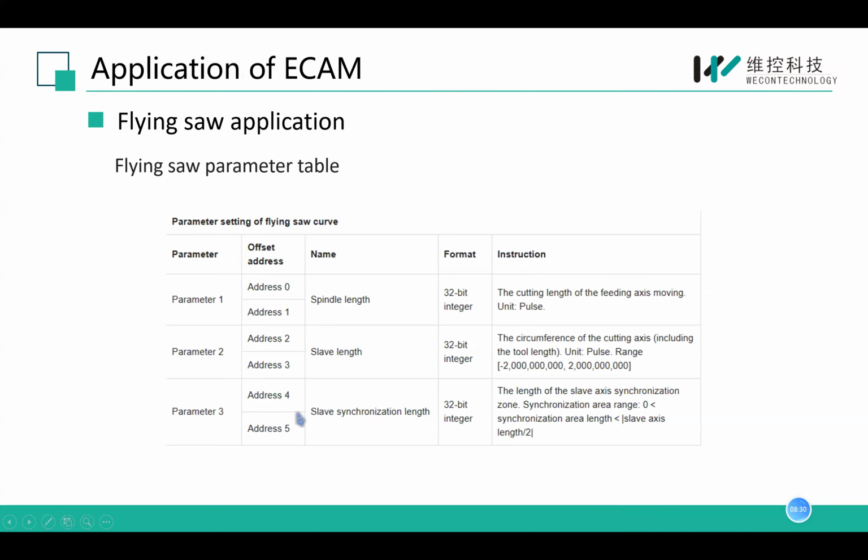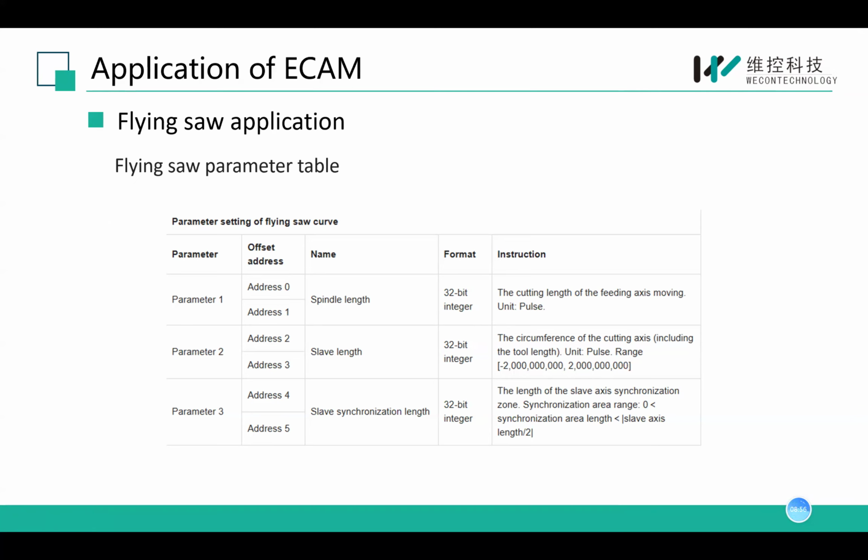And then the fifth, sixth and seventh addresses we set as the length of the sync zone, which we suggest setting to 1/3 of the slave length.